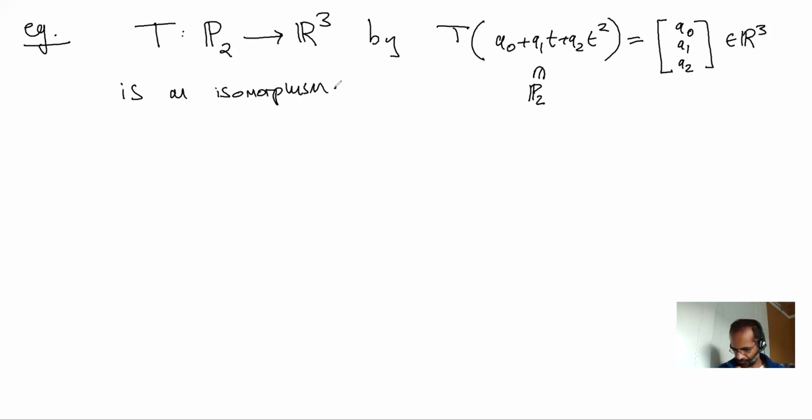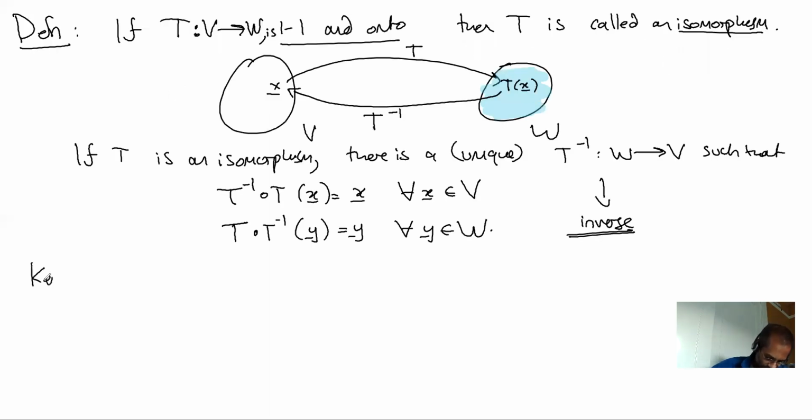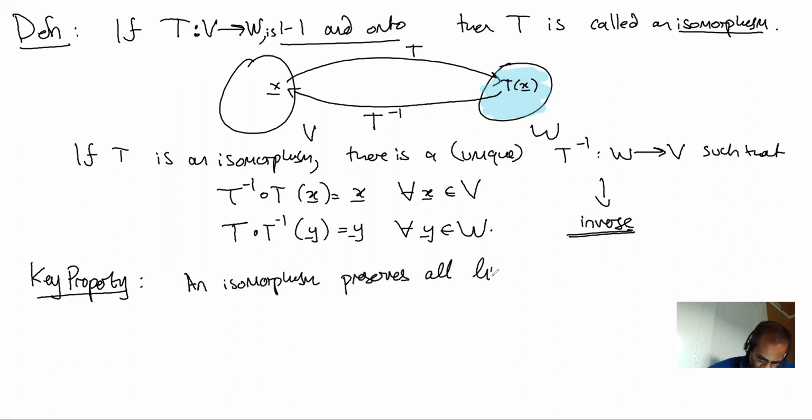And the key property of isomorphism that I want to emphasize is that an isomorphism preserves all linear dependencies between V and W. Well, specifically I mean this.